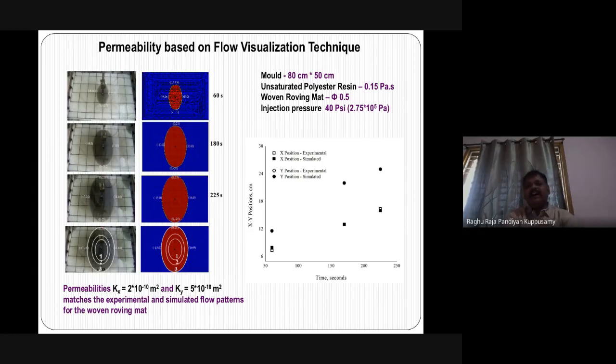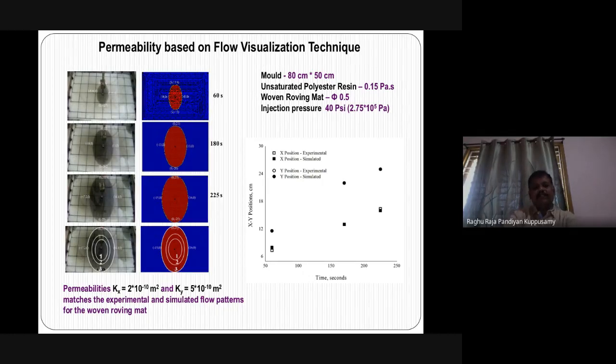The only sensitivity we have is that we changed the X and Y permeability of the mat, and we try to find out at which X and Y permeability the experimental flow front position and the simulation flow front positions get matched. So this is for woven drawn mat. Permeability Kx is given as 2 into 10 power minus 10 meter square.